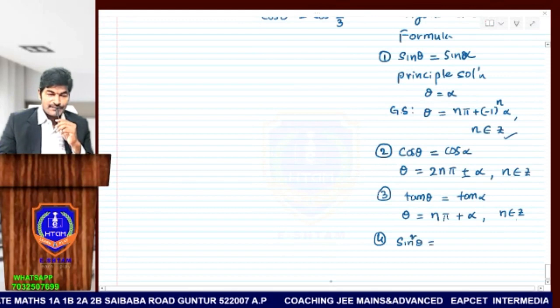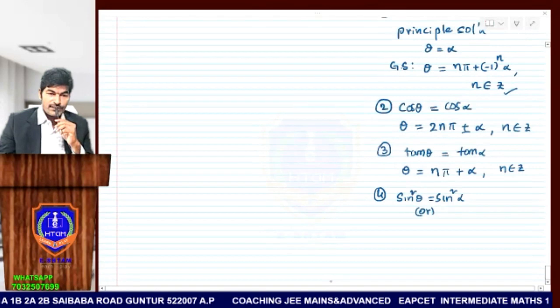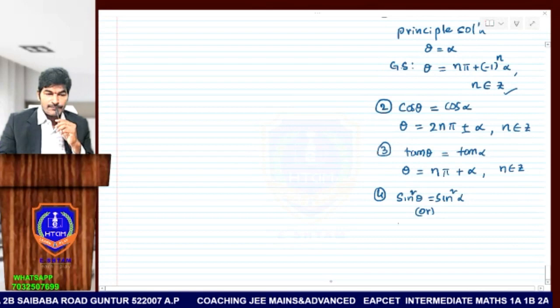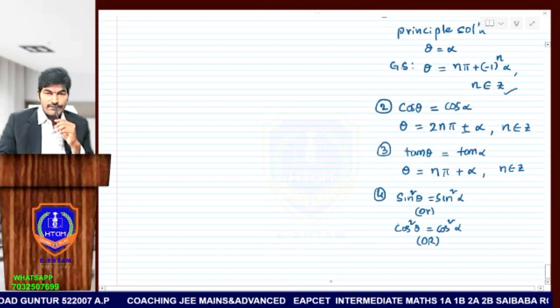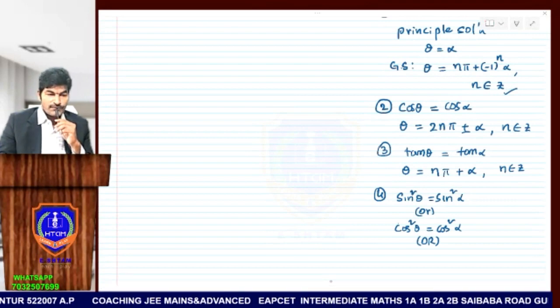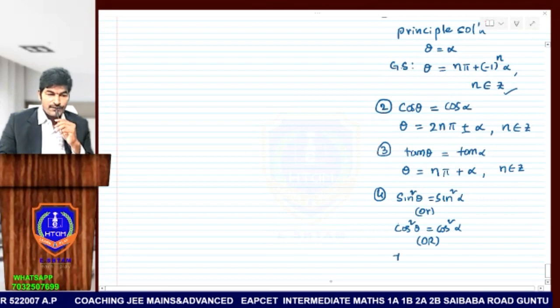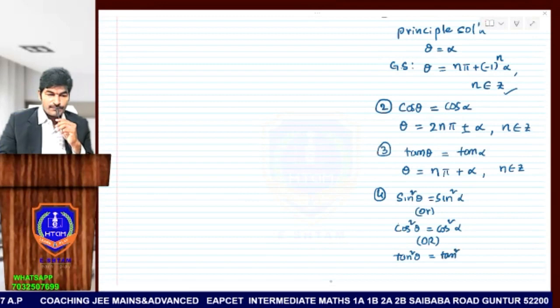For example, sine square theta equal to sine square alpha, cos square theta equal to cos square alpha, and tan square theta equal to tan square alpha.